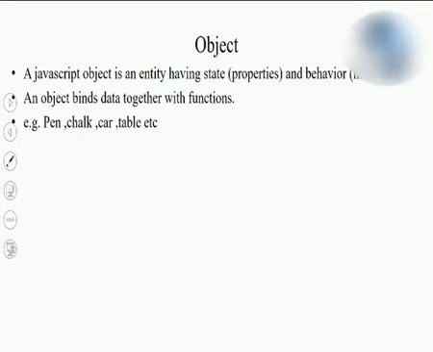So these are the properties of chalk. In case of a car, it has model number, color. All these are the properties of the object. What are the methods? For example, chalk can write, a car can move or stop or brake. So these are the methods associated, which can change the properties of the object. So these are the properties and methods of the object.